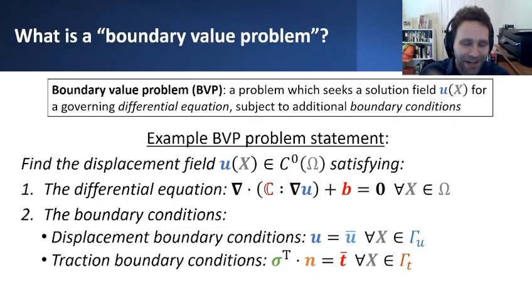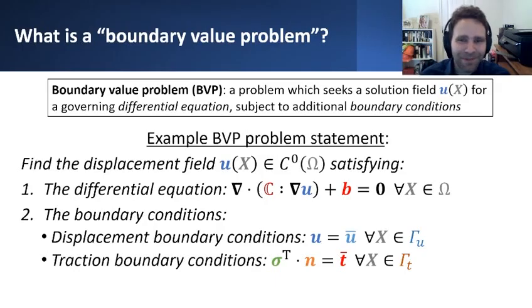But in general, I want to provide you with a formal definition of what I mean when I say a boundary value problem. It's nothing more than simply a statement of this problem which says I want to find a displacement field. It might be helpful to consider this particular example statement that says: find some displacement field, u, which is a continuous function necessarily, a priori I say that.